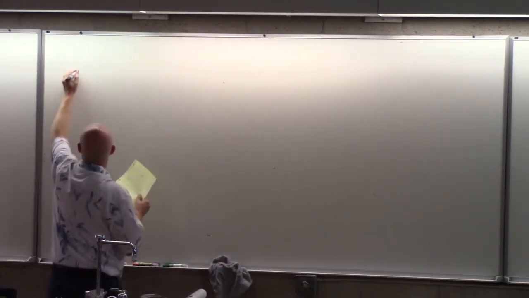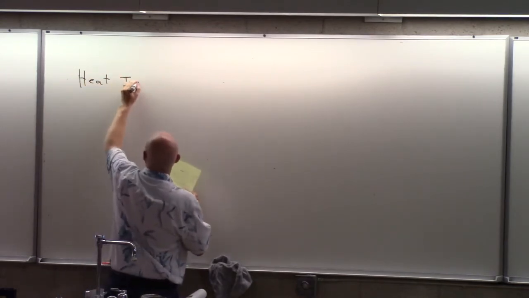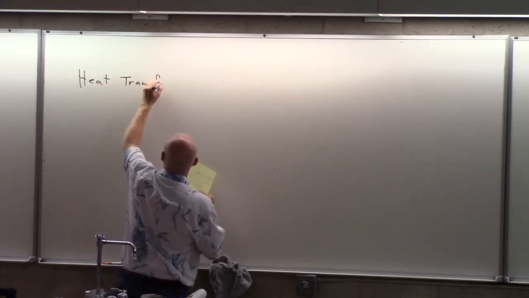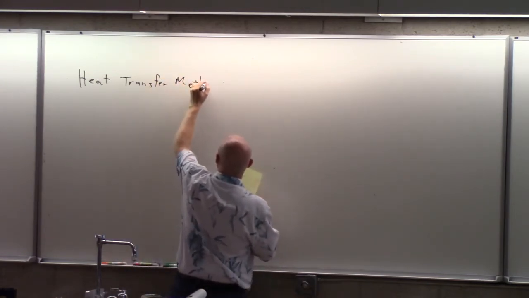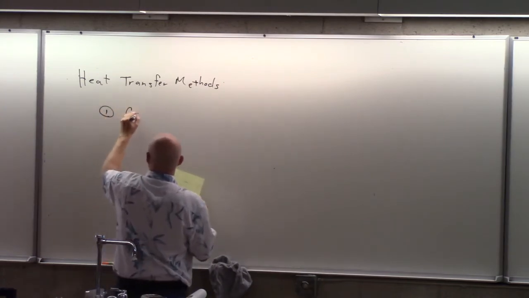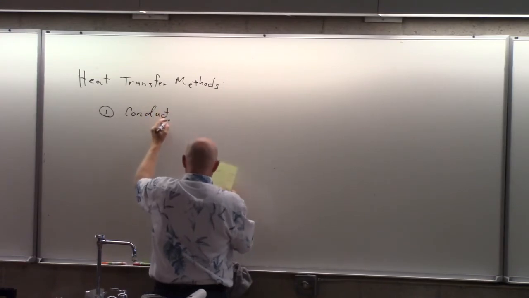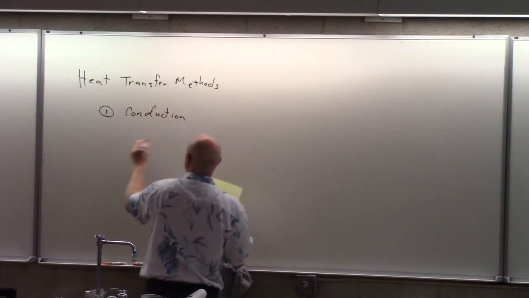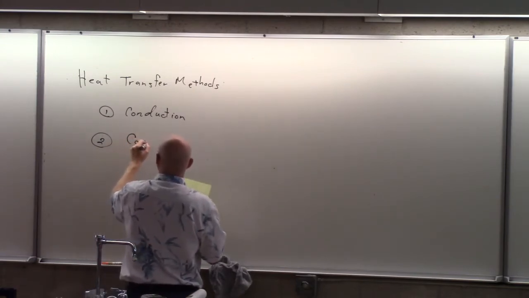But your author says heat transfer methods. And the first one I want to talk about and show you is called conduction. That's probably the easiest one to understand, and the easiest one for me to demonstrate, and the easiest one for us to calculate.